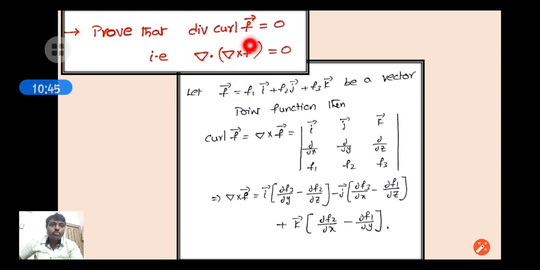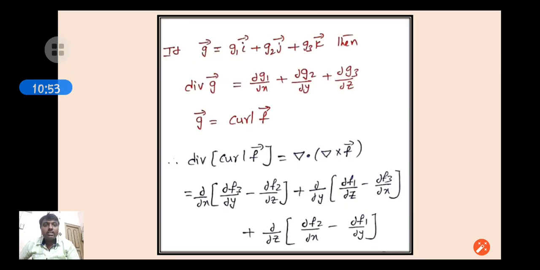For this curl f bar, now I apply divergence, that means del dot del cross f bar. Before calculating divergence, I give the formula. Suppose g bar is equal to g1 i bar plus g2 j bar plus g3 k bar, a vector point function.